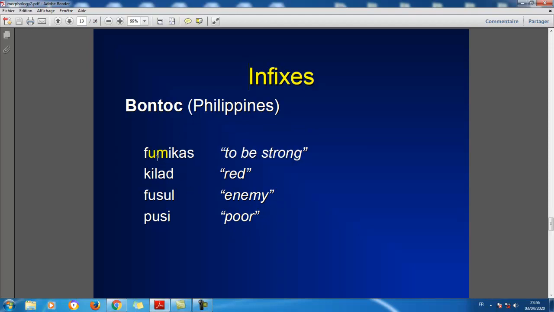Look, fumikas, to be strong. So we're going to insert this bit, this unit, this morpheme, which means to be, inside the word. It's going to apply to the other words.